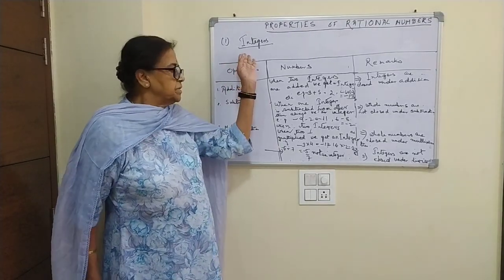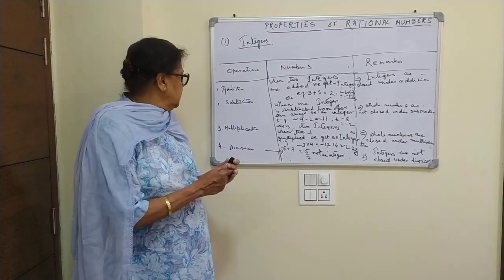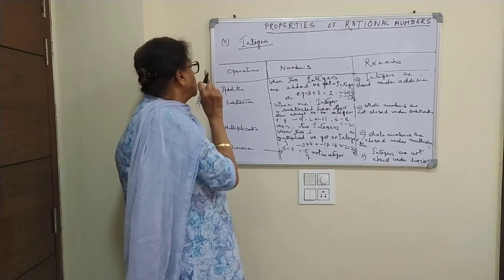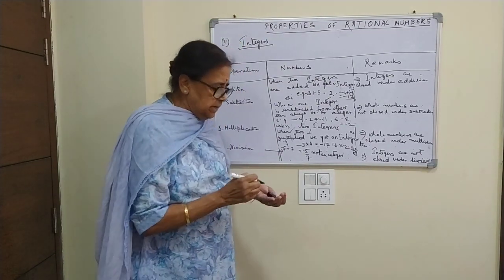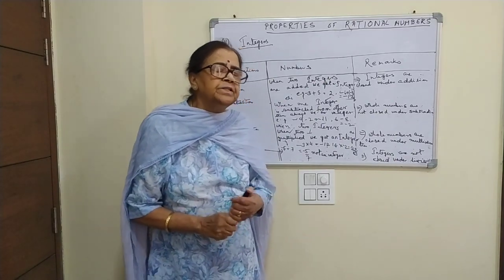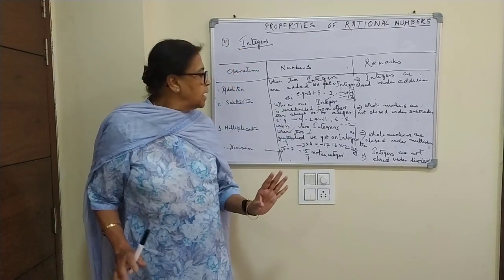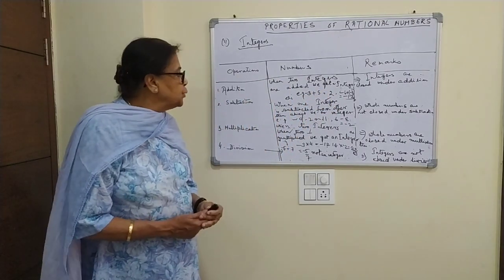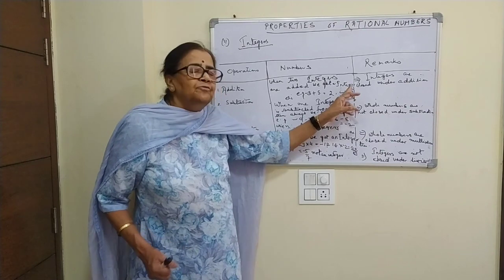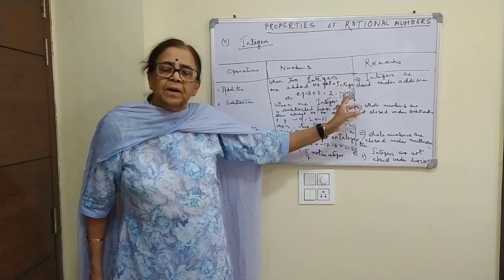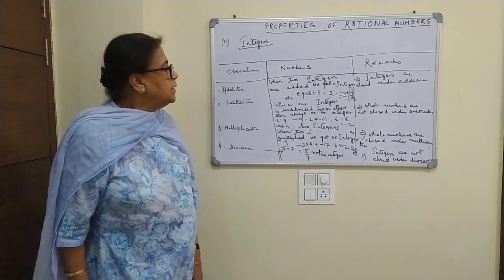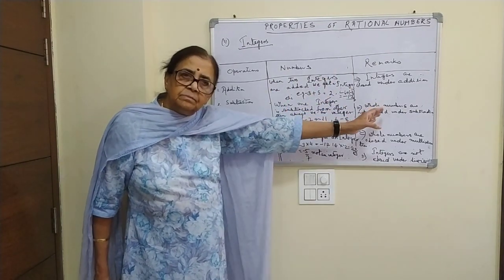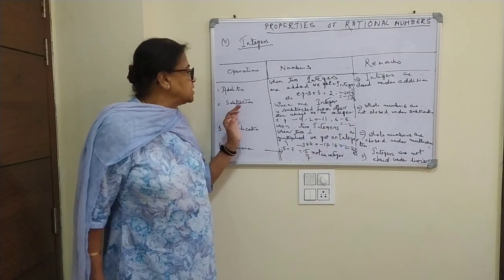Now comes integers. For integer addition, when two integers are added to each other, we get an integer. Suppose minus 3 plus 5 is equal to 2, or minus 6 plus minus 7 gives minus 13, and so on. So integers are closed under addition. Okay. Now subtraction.